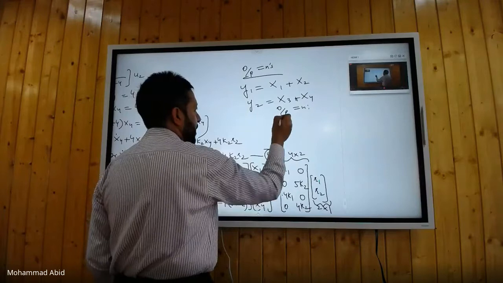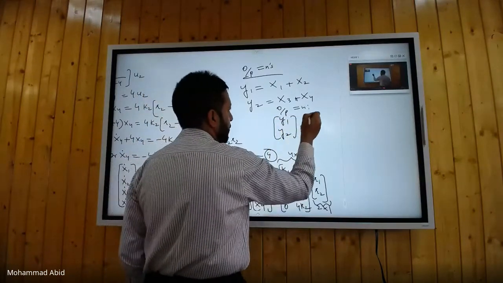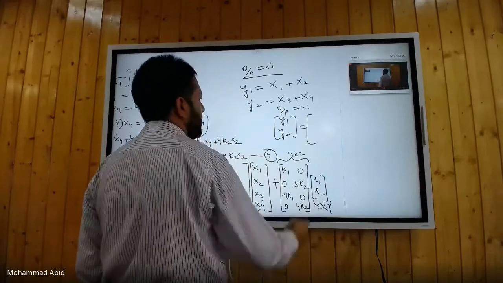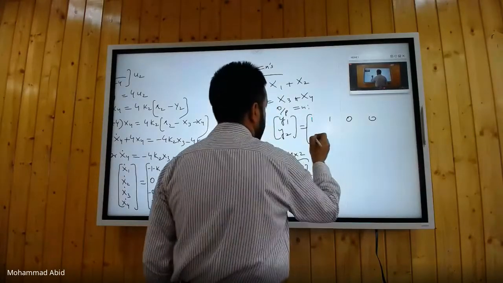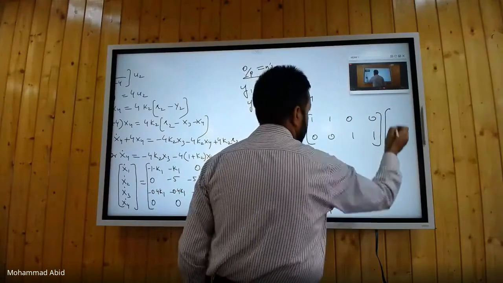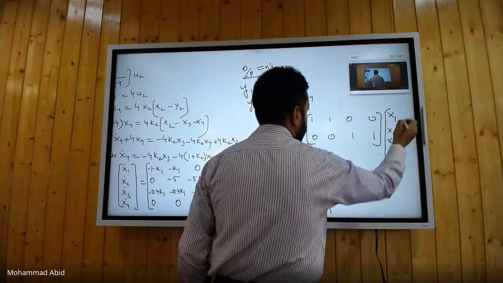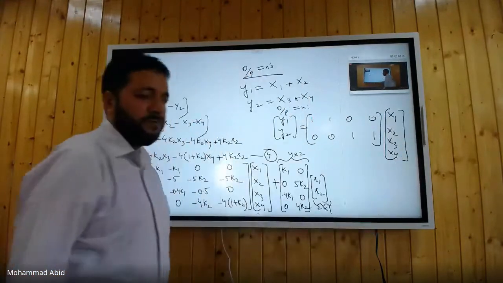So you have got y1 and y2, that's equal to: 1 1 0 0, and 0 0 1 1, times x1 x2 x3 x4. This is the output equation.